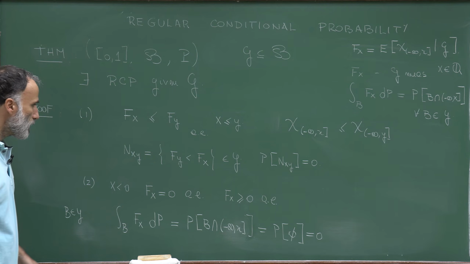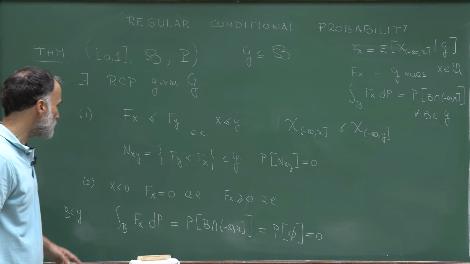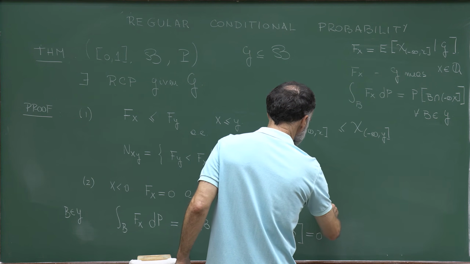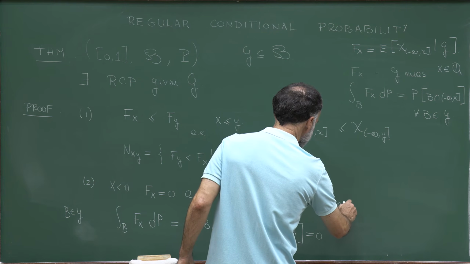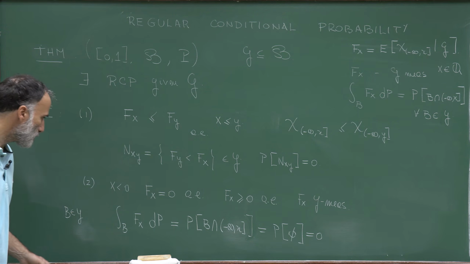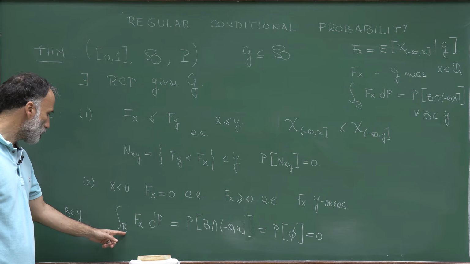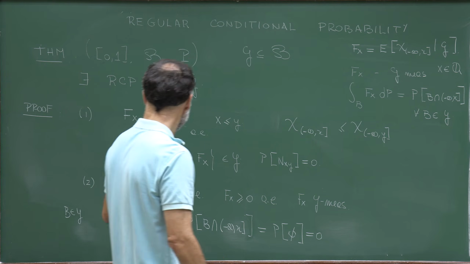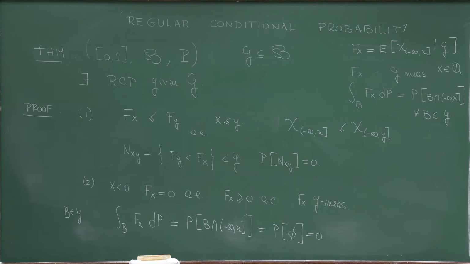So we have a non-negative function which is G measurable, and with the property that its integral over any set B in G is equal to 0. That implies that indeed f_x is equal to 0 almost everywhere. And that's a simple exercise from measure theory, which I leave to you. So we know that it's monotone.